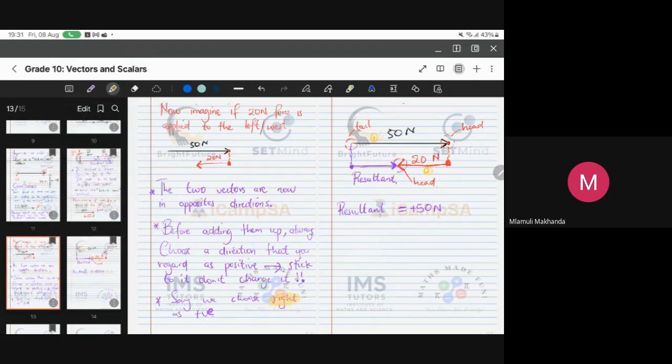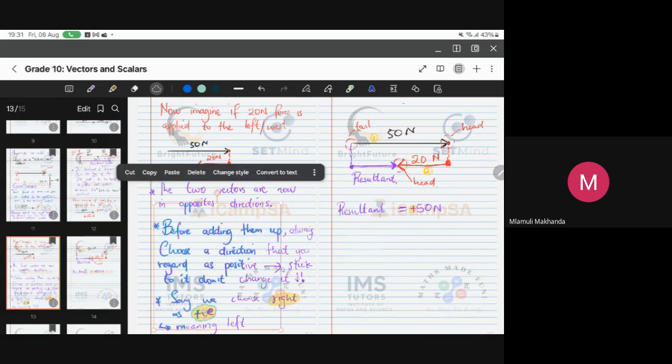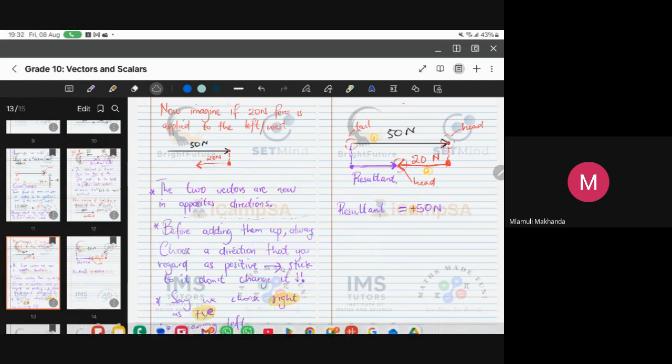Chose right as positive, and therefore this guy, meaning left is automatically negative. Let me reduce this. If you choose one direction as positive, it means the remaining direction is automatically negative.